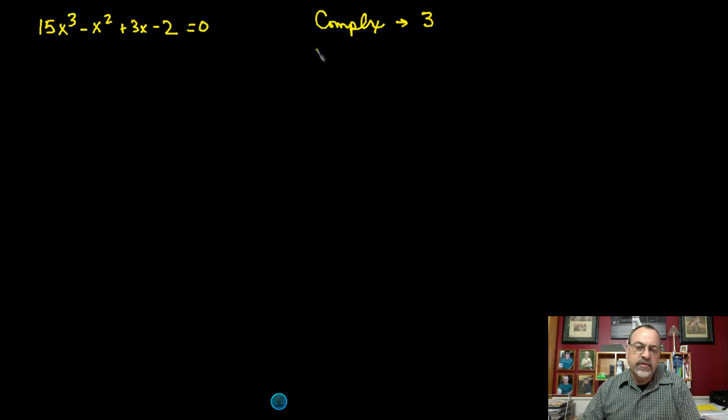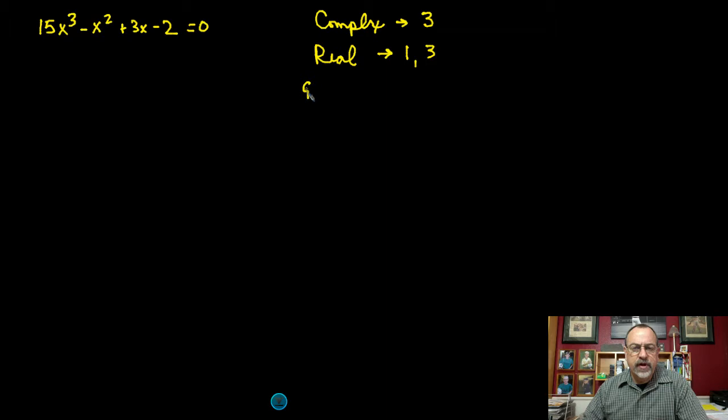I then want to take a quick look and see how many of these could be real zeros. Now, if I have 0 real, that means all 3 are complex. That's not possible. So I have to have 1 real at least. So 1 is real, 2 are imaginary, that's okay. Or all 3 of them could be real, because then I have 0 imaginary, and that's okay.